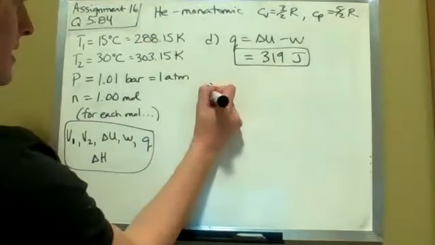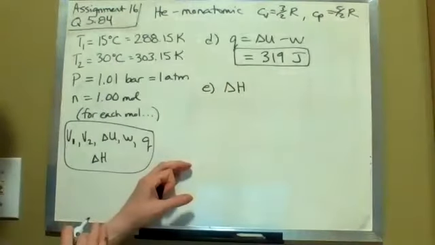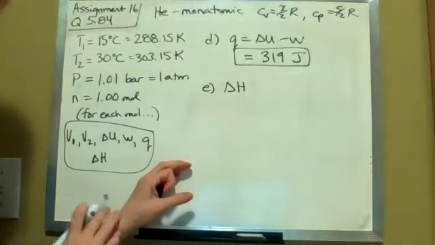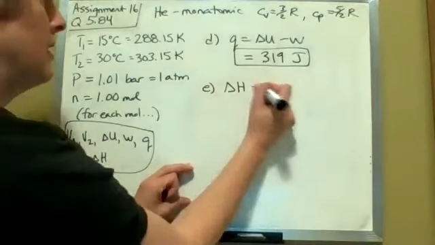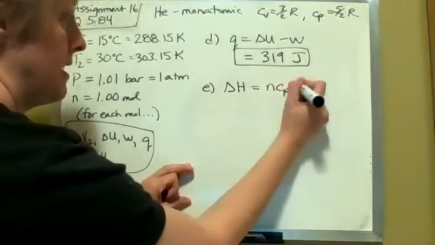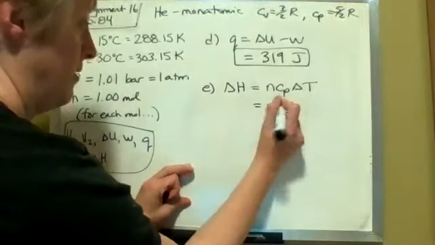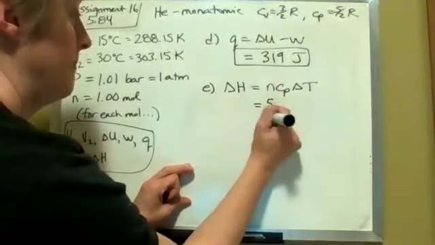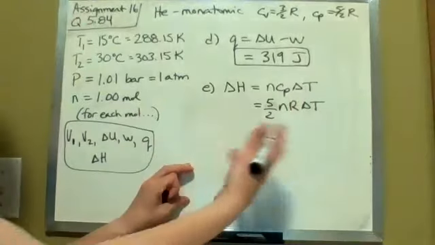Now, E, delta H. Our general equation for delta H, for expansion or compression of ideal gases, is nCP delta T. That's going to be 5/2 nR delta T, which we have all of.